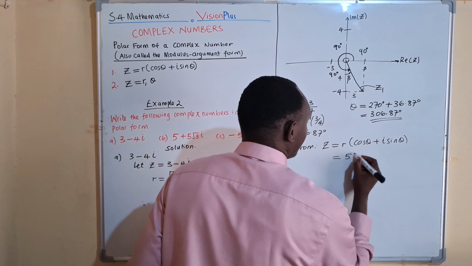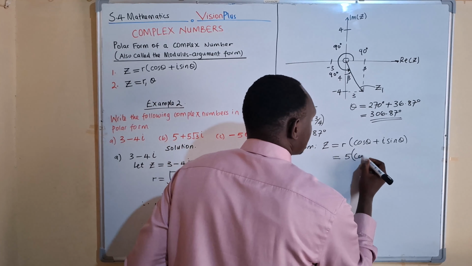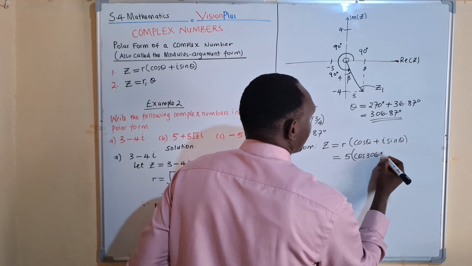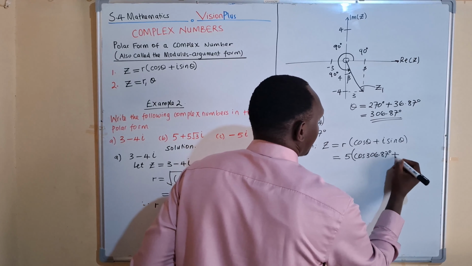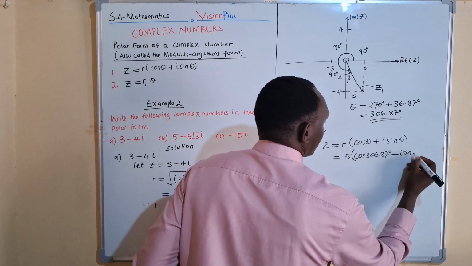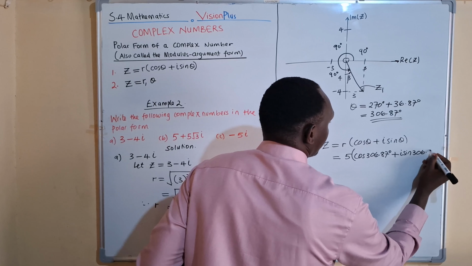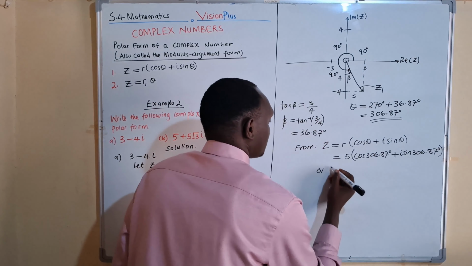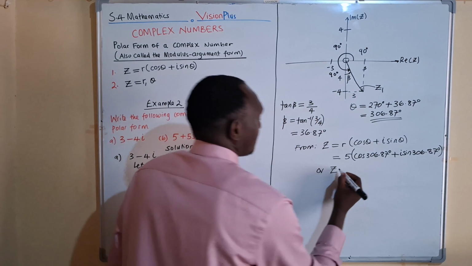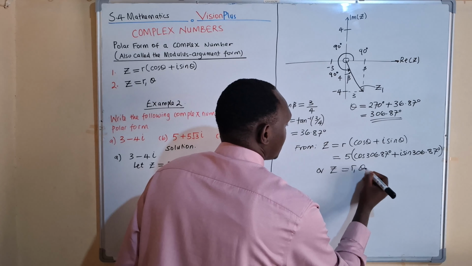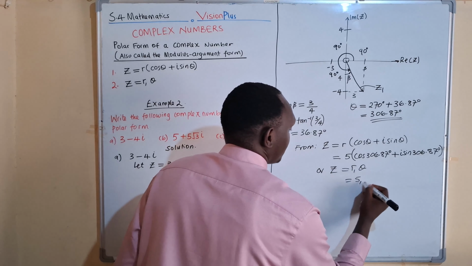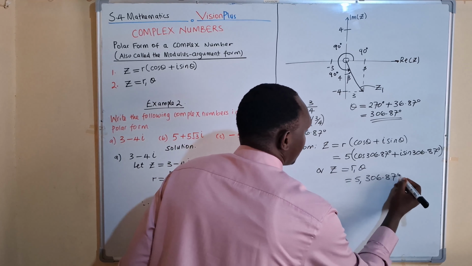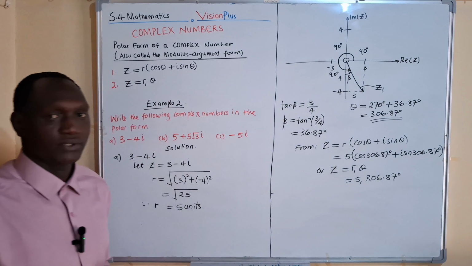So we can say 5 into cos of 306.87 degrees plus i sine of 306.87 degrees. Or you can use the other format, but choose one. It is given by r comma theta. This gives us 5, and then the angle is 306.87 degrees. So this is the solution.